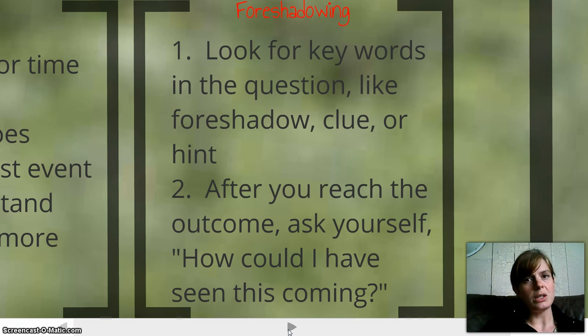And then after you've reached the end of the story, the outcome, ask yourself, how could I have seen this coming? And you pick back up on those little hints that they give you all through the story, but usually you can't do that until you get to the end. It's really difficult to pick up on foreshadowing before you know what it's actually foreshadowing. So ask yourself, could I have seen this coming?